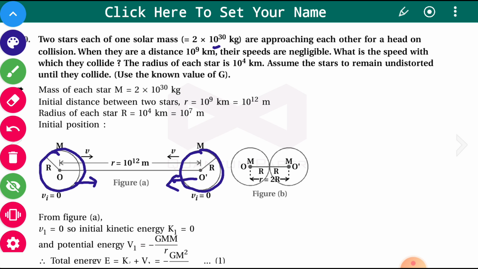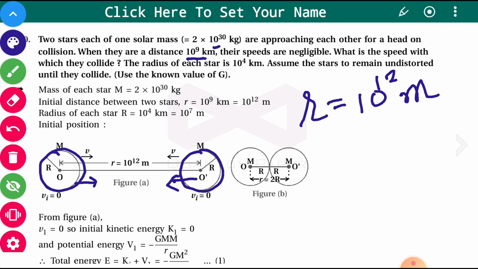When they are at a distance 10 to the power 9 kilometer, their speeds are negligible. 10 to the power 9 kilometer is the initial distance, so R is equal to 10 to the power 12 meter.